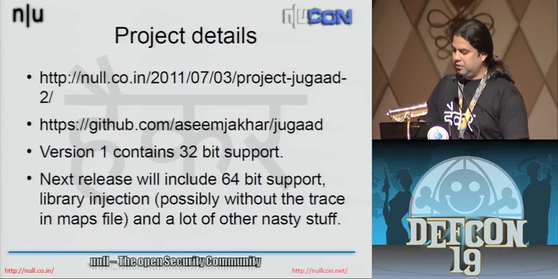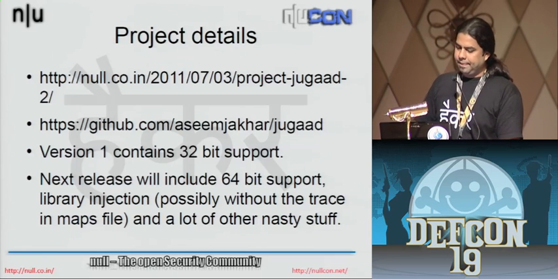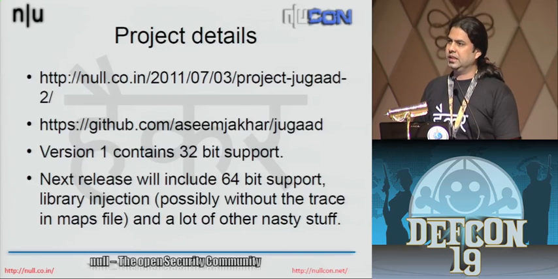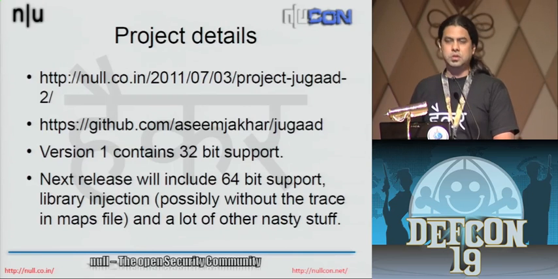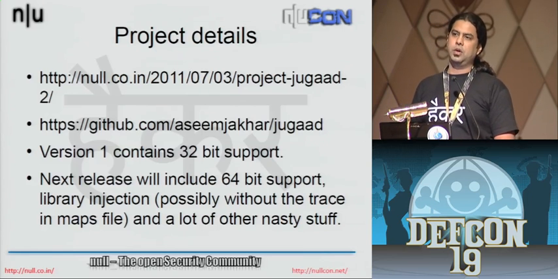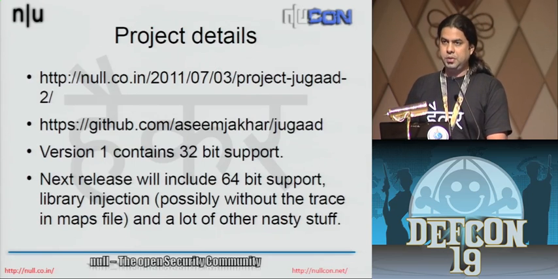From the next version onwards, we'll be putting in support for 64-bit processes, and since we've already created this, we might put a lot of other things like VM detection or anti-forensics into it. If any of you is interested in helping out, or just letting us know what we can add into it other than the thread injection part, it'd be helpful.